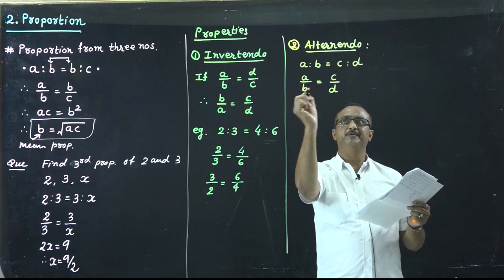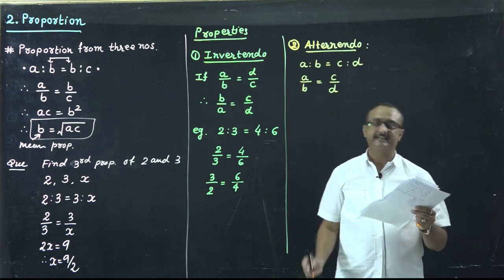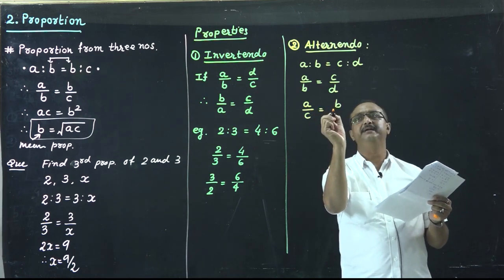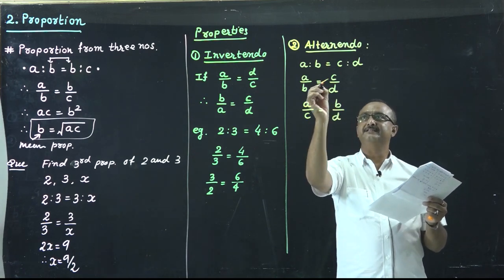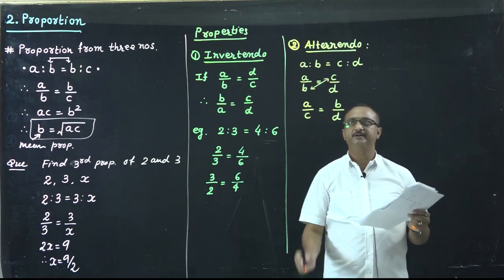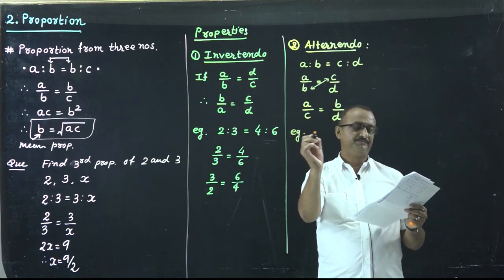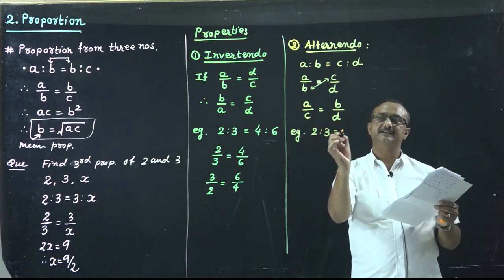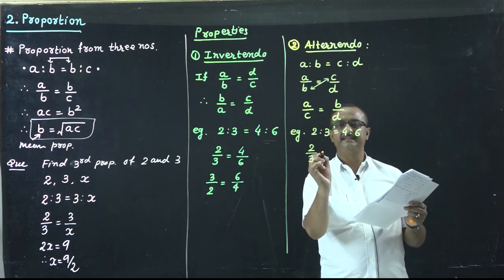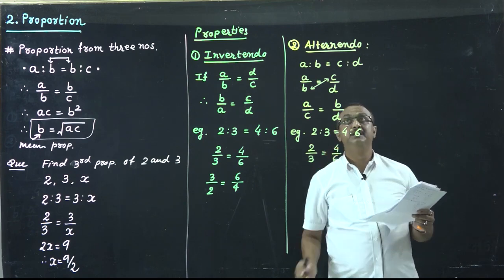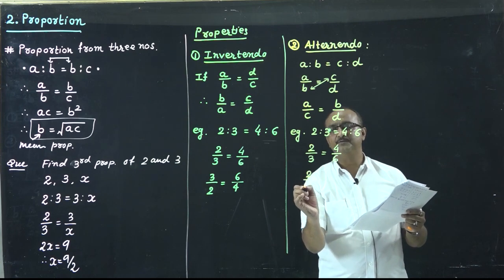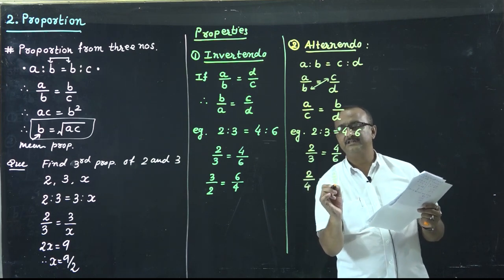We can write A upon B equal to C upon D as A upon C is equal to B upon D. We can change these two terms. For example, 2:3 equal to 4:6. Okay. So it is 2/3 is equal to 4/6. By using our property, we can write 2/4 is equal to 3/6.